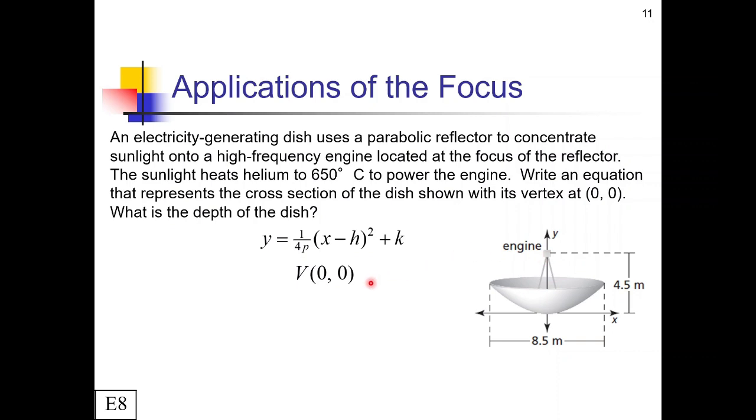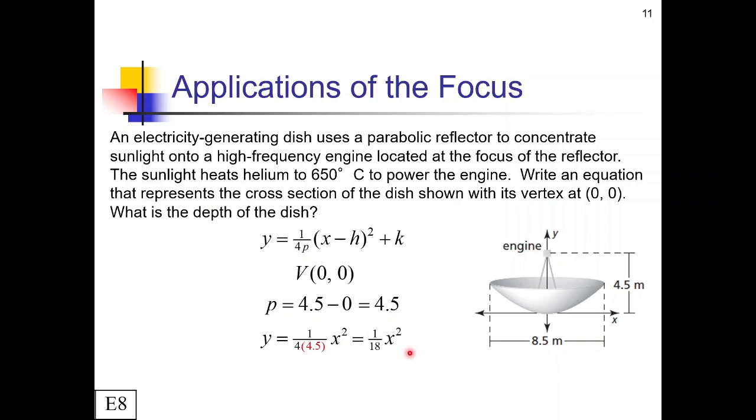So to get the p-value, we just need to do 4.5 minus the vertex value of 0, which is literally just 4.5. So there's our p-value. Let's plug that in now. We have 1 over 4 times 4.5. And then plugging in 0 for h and k, this just comes out to x squared, like it has many times before. 4 times 4.5 is, I believe, 18. So this is 1 over 18 x squared.